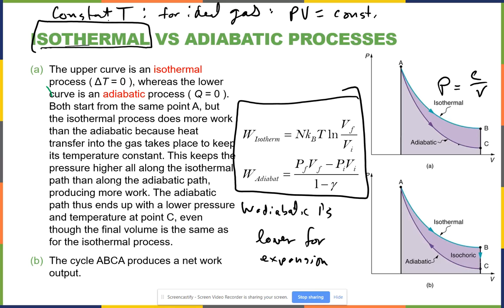For adiabatic, it's the change in pressure times volume divided by 1 minus gamma. And now you say, gamma? We haven't seen gamma. That's because gamma is equal to CP over CV. We've seen CV. Remember, we had a long discussion about CV on Friday. And what we determined was CV was equal to the number of degrees of freedom times 1/2 R.